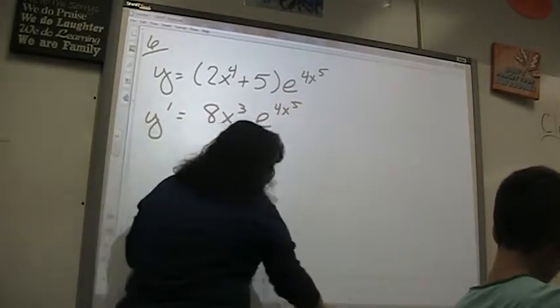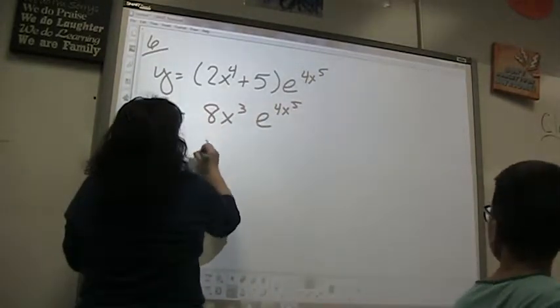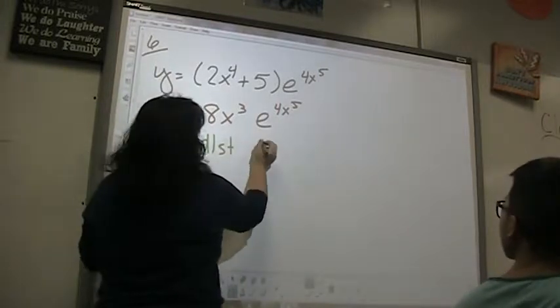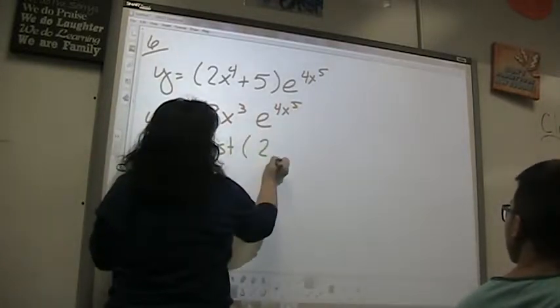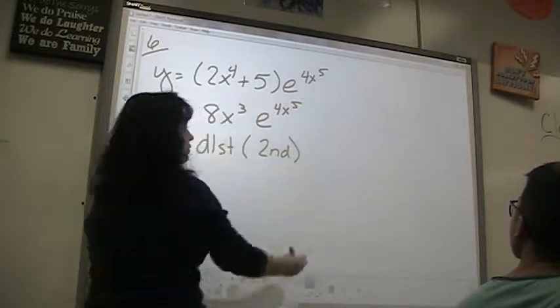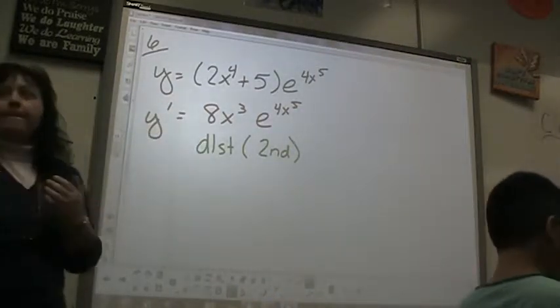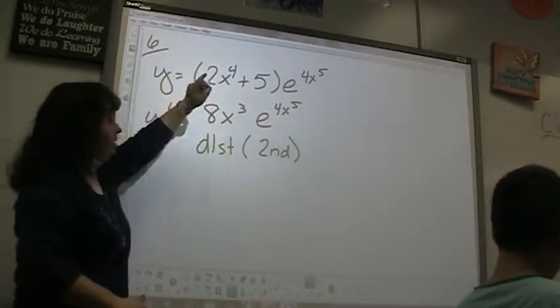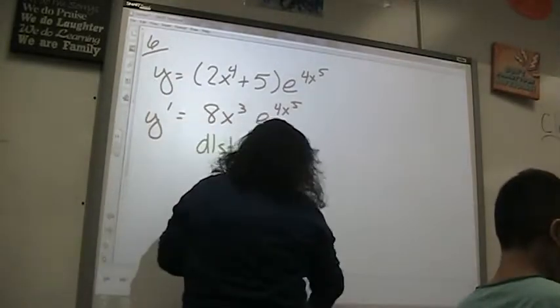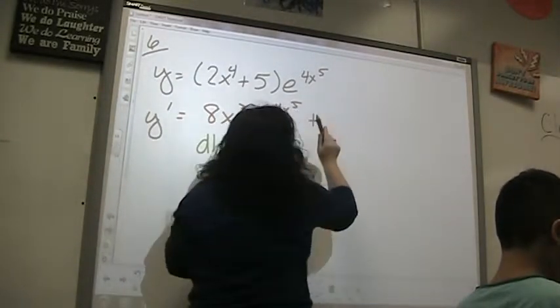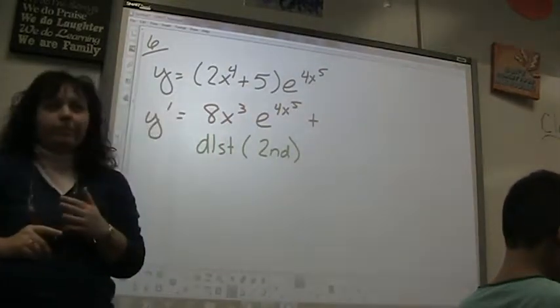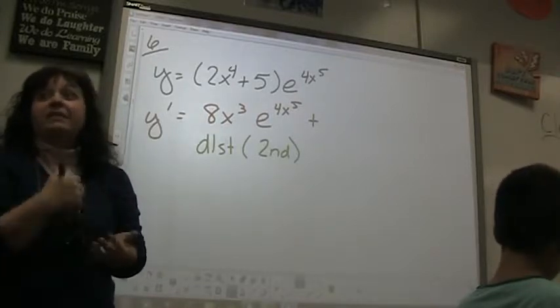So I took the derivative of the first thing times the second thing, plus the derivative of the second.